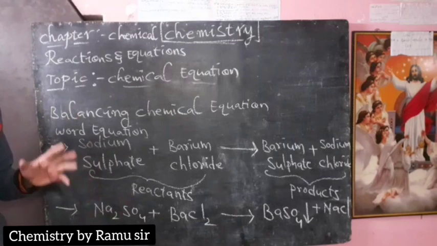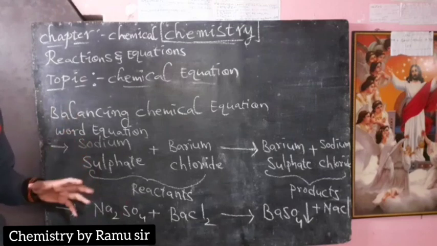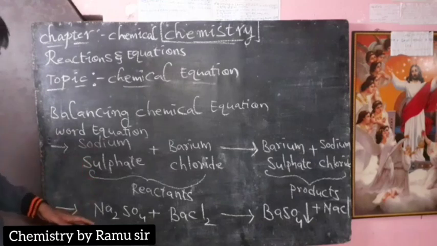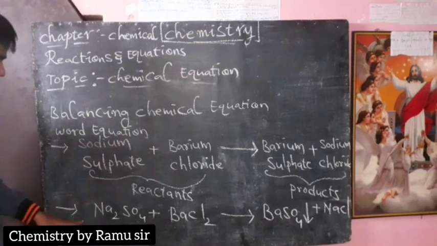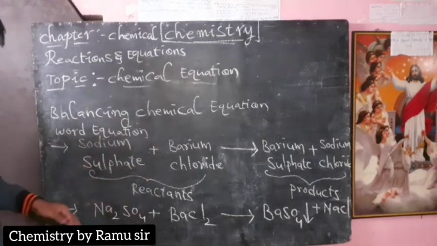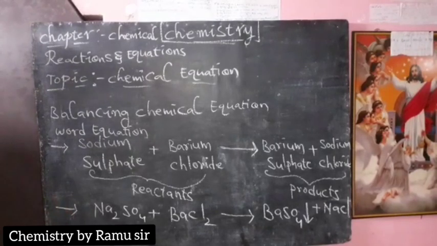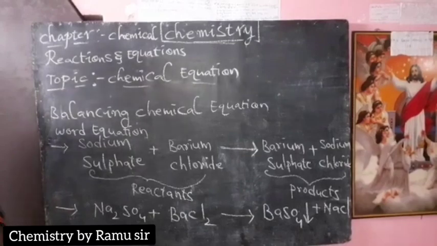Whatever activities we do in the lab, we write in a short manner: by using chemical names, that is a word equation, and by using chemical formulas, that is called a chemical equation.